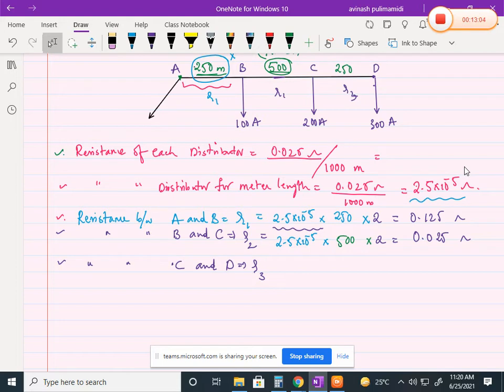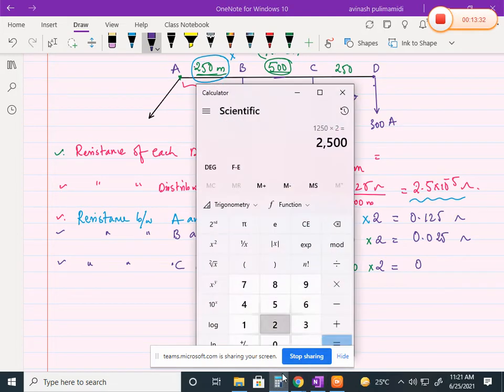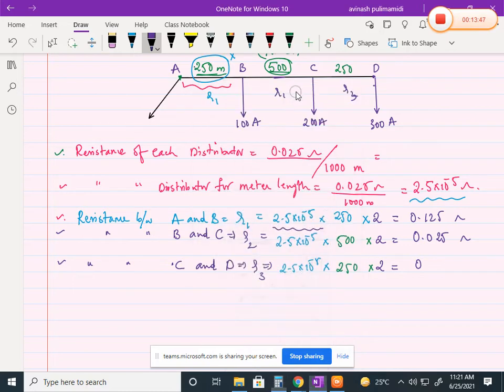Same, multiply this value 2.5 into 10 power minus 5 multiplied by 250 into 2, since a DC distributor has 2 wires. Then 500 into 2.5 is 1250 into 10 power minus 5, which we get as 0.0125 ohms. Okay, these are the resistances R1, R2, R3.